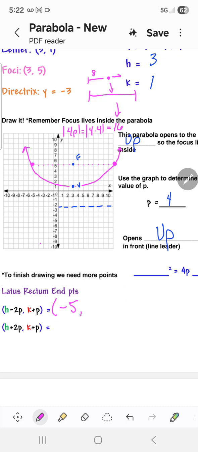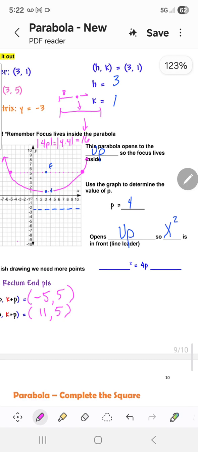And 1 plus 4 is 5. Next, what was H? Oh, 3 plus 2 times P, which is 4, comma, K, 1 plus 4. So I get 3 plus 8. That's 11. And 1 plus 4 is 5. And if you check our points, that's exactly what we got.